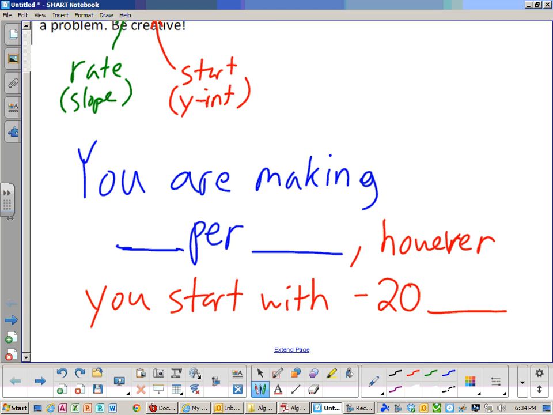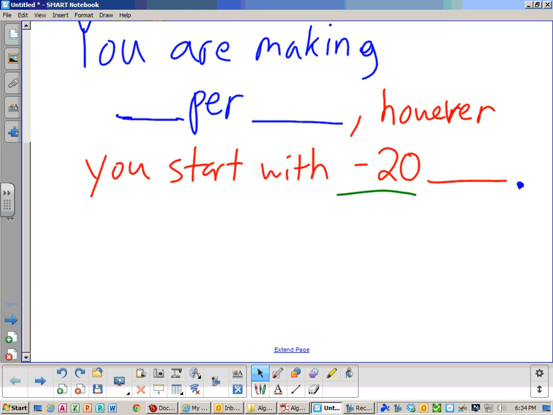You don't know what we're talking about. So if it was gummy bears per hour, then you're going to say, however, you started with negative 20 gummy bears. I know this sounds kind of crazy, but that's the scenario given here. For some reason, you started off with negative 20 gummy bears. Maybe because you owed a guy gummy bears. Who knows what's going on? But however, you need to start with negative 20. It's kind of going to make a crazy story.